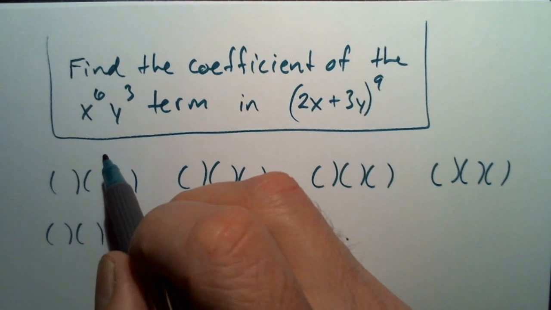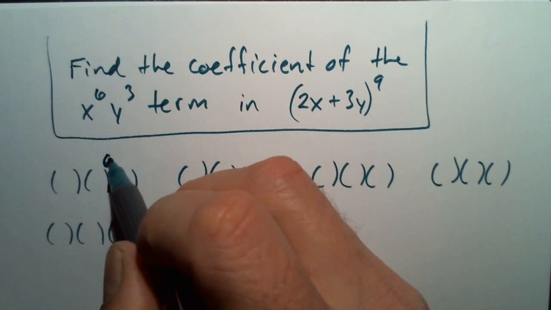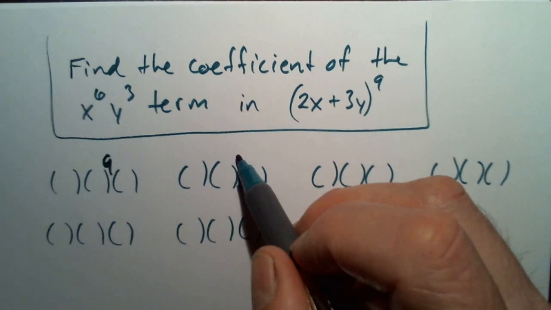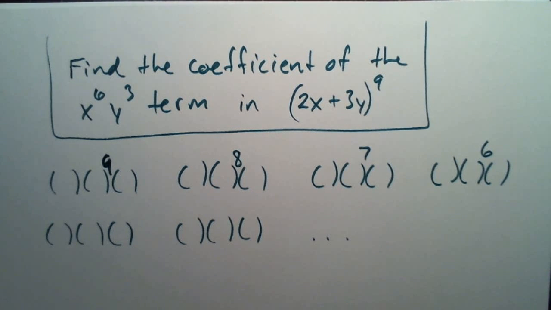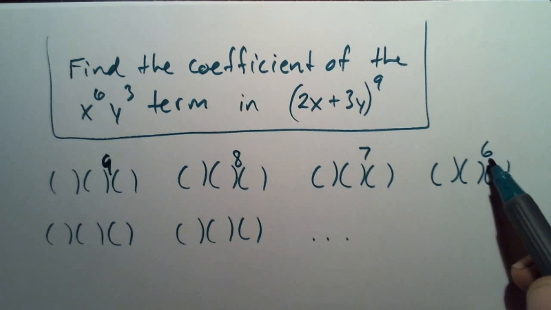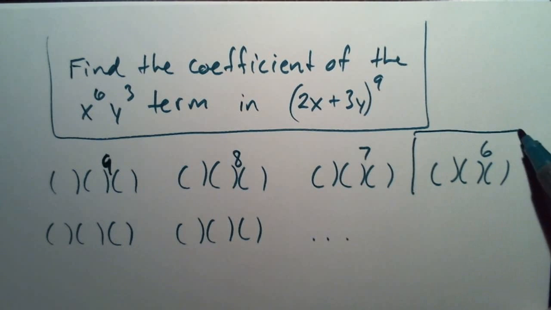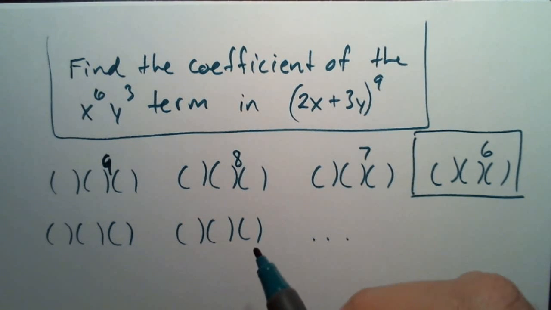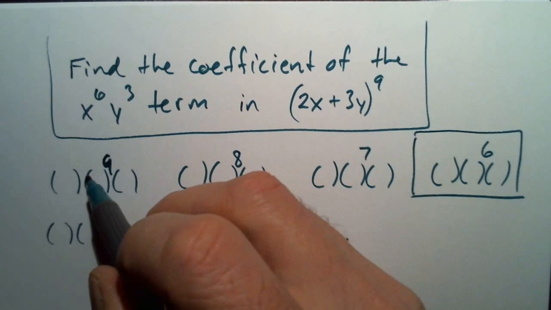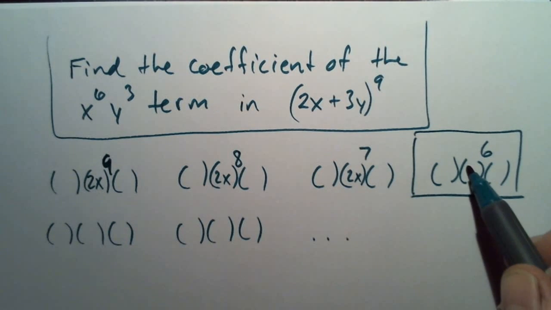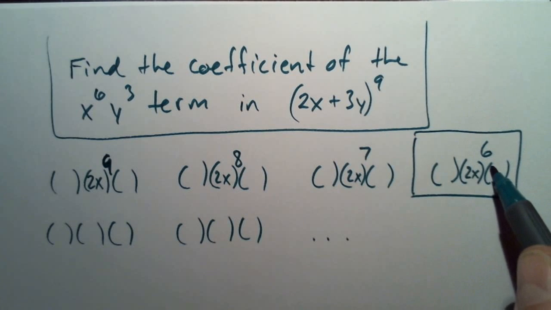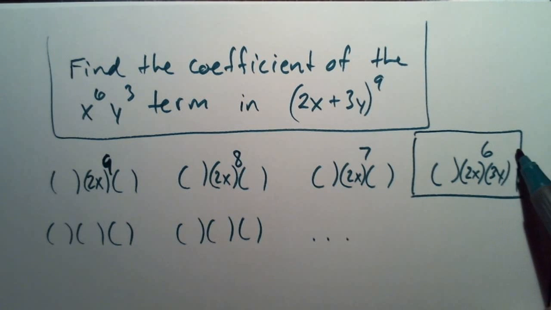And we have 6, 9, 8, 7, 6. So that's the term we're going to need. And 2x goes here. 2x. 3y. The sum of the exponents is 9, so we know that's a 3.